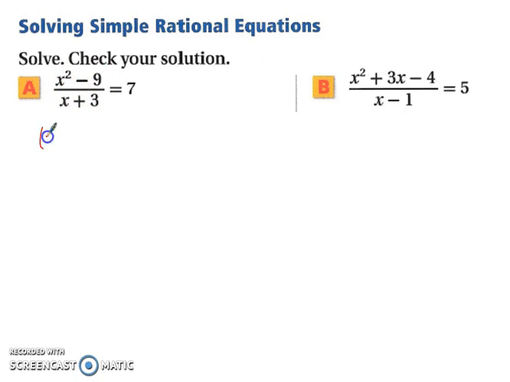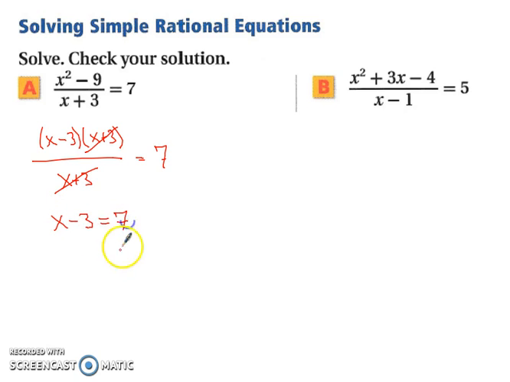So this top is going to be x minus 3, x plus 3, and our denominator, well, we can't factor that. However, that means that we can now cross some things off to simplify, which leaves you with x minus 3 equals 7. So add 3 to both sides, and we end up with x equals 10.